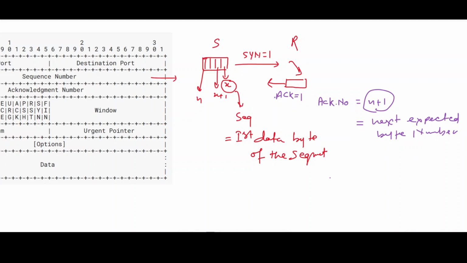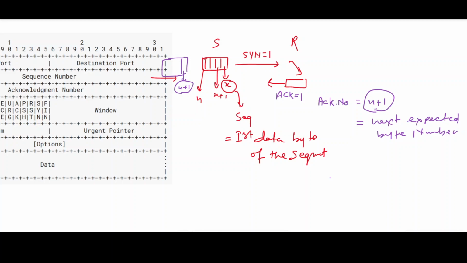That means this segment is received, and now there is another segment starting at n plus 1. So it gives information about the next expected byte number. That means I have received this, now send me another segment, and it will start from n plus 1.